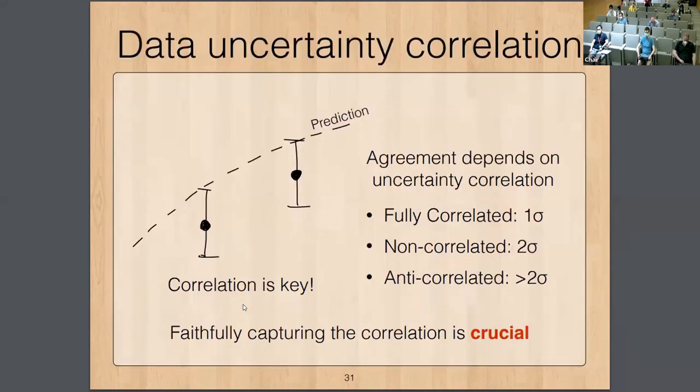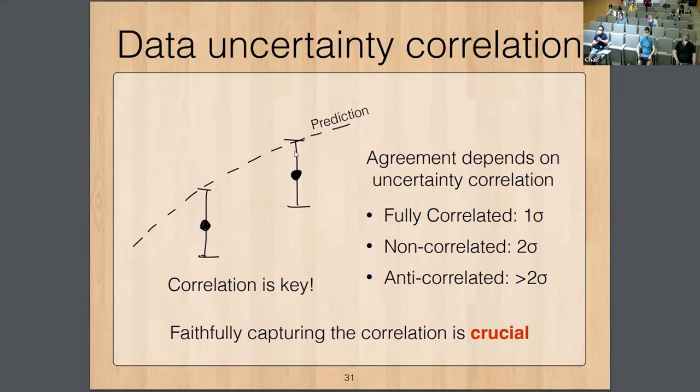Okay, then let me talk a little bit about the uncertainty treatment, which will become increasingly important as we go on. The uncertainty for data is becoming more and more important. For example, here, if you have two data points with the error bar, and you have the prediction here, then the agreement between prediction and data depends very much on the correlation between the data points. If they are fully correlated, then this is a 1 sigma effect. Everything moves up and down together.